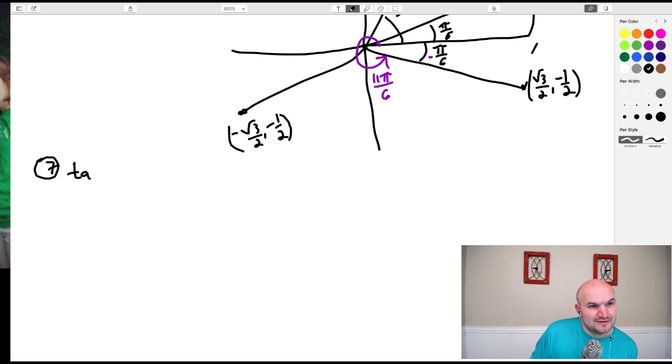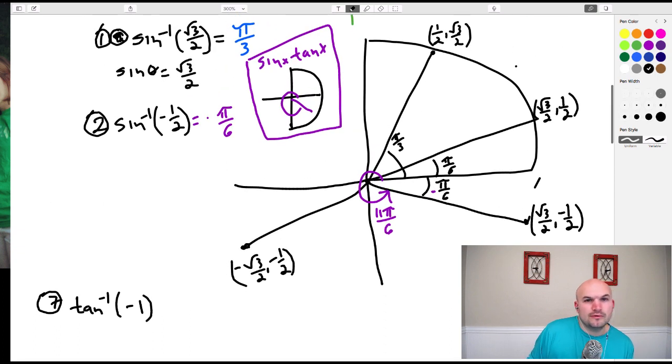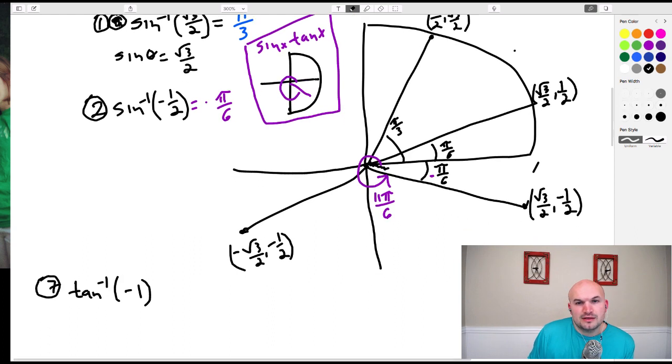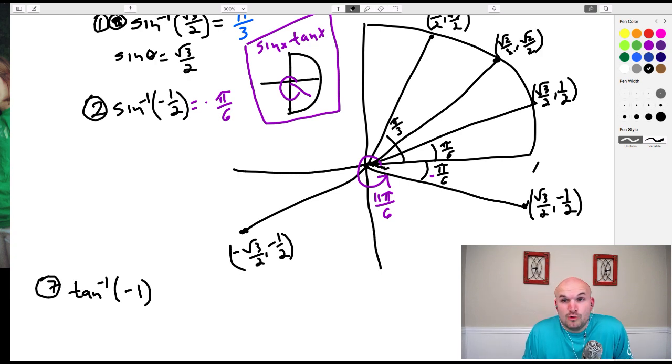I have tangent inverse of -1. So when I look back up to this unit circle, I want to see when and where tangent is equal to -1. If you remember, at this point we had square root of 2 over 2, comma, square root of 2 over 2. If we put the y over the x, which is the tangent, that's going to equal 1. But again, we need the negative form.